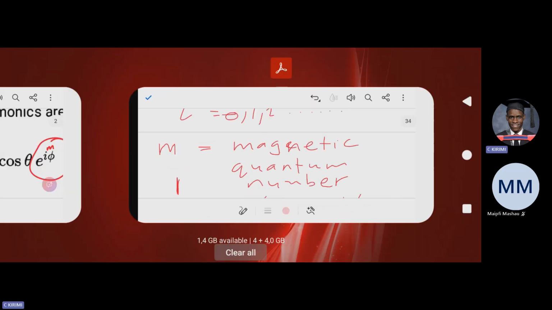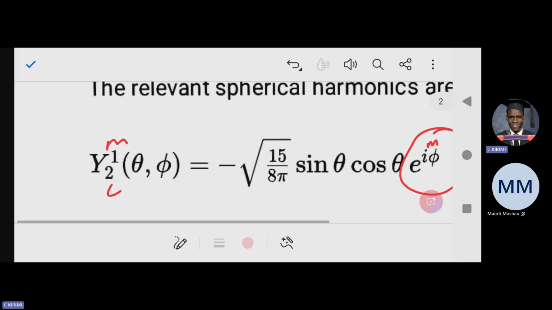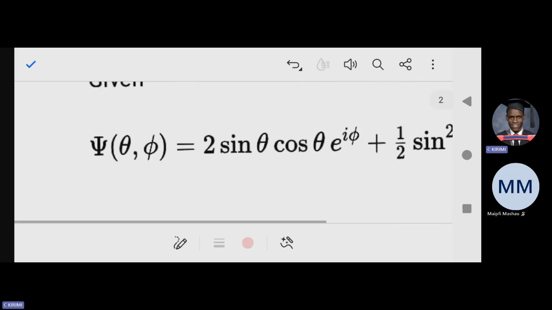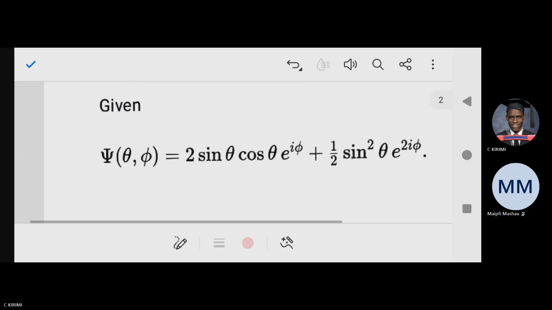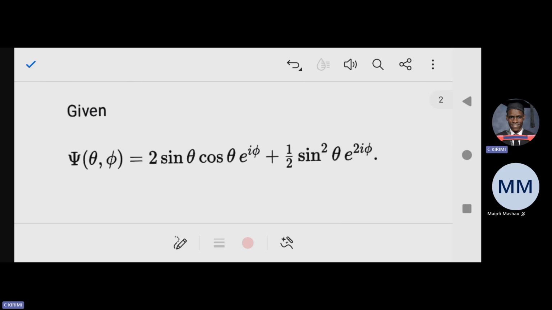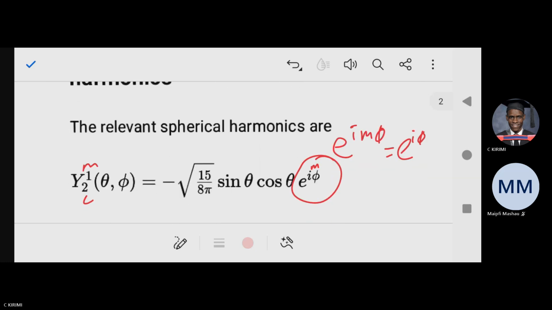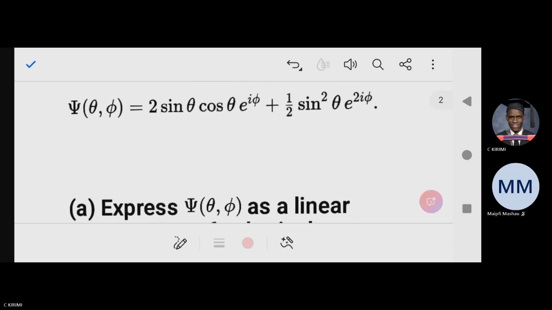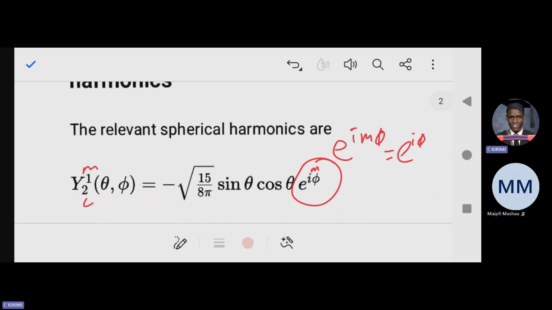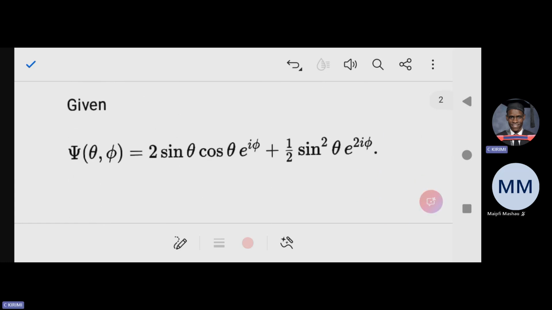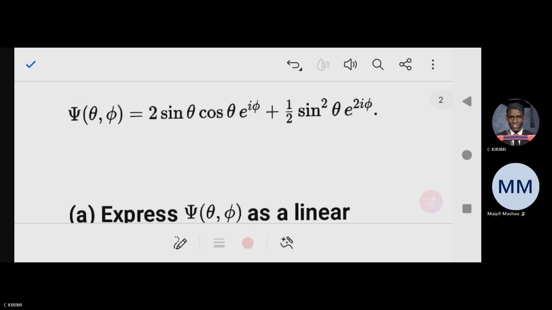So in that equation, once you have identified, remember this is our original equation in terms of phi. And then we have the relevant spherical harmonics, which is Y_21. How do you get Y_21? If m is 1 and l is 2, you substitute in this equation. What do you get?